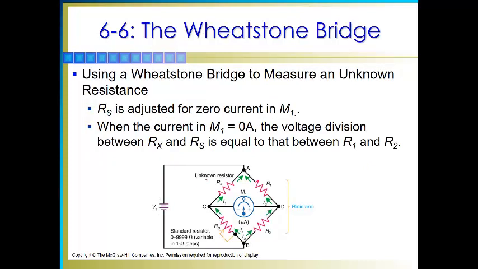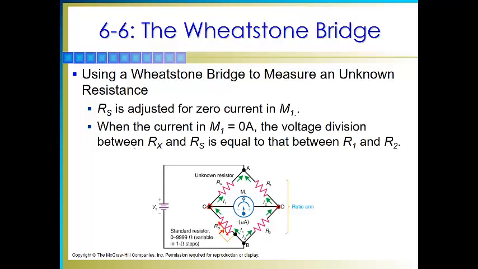So using a Wheatstone bridge to measure an unknown resistance, Rs is adjusted for 0 current in M. So connect the meter right here between this point and this point, and then adjust this resistor, either way, increasing or decreasing the value of this resistor until the meter gets to zero amps, when there is no current going through here from here to here, okay?